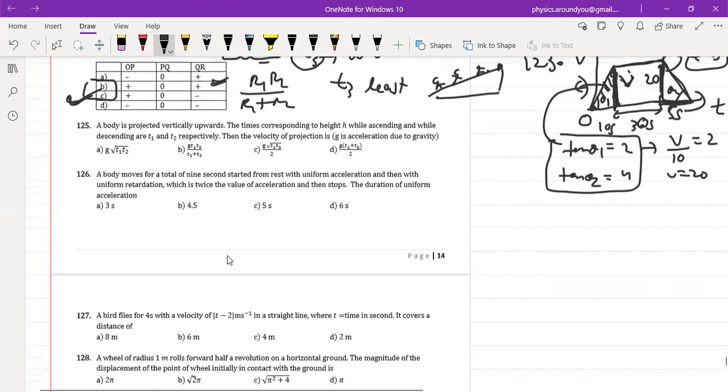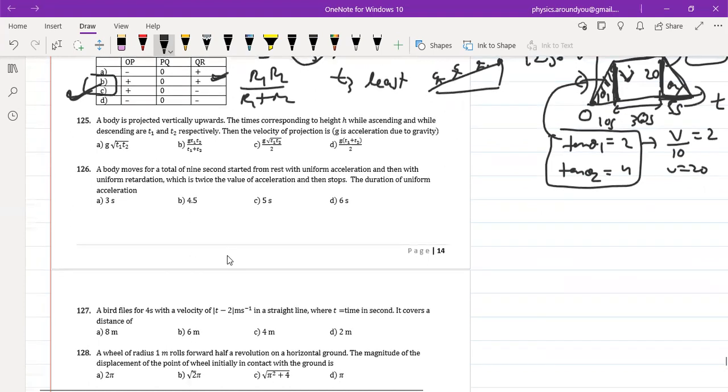All right. Now, question number 125. The times corresponding to height h while ascending and while descending are t1 and t2 respectively. What is the velocity of projection? Okay. So you see, this can be simplified.